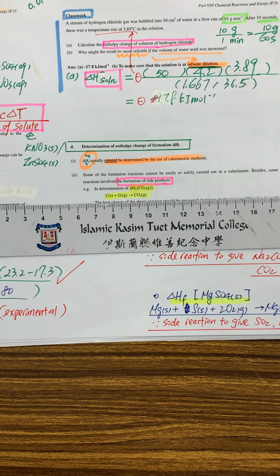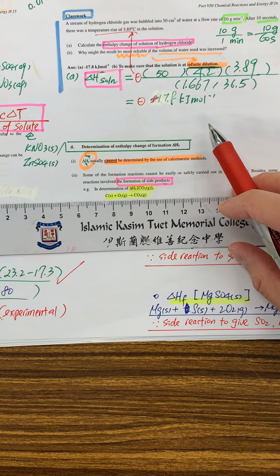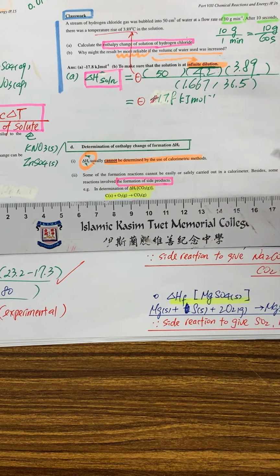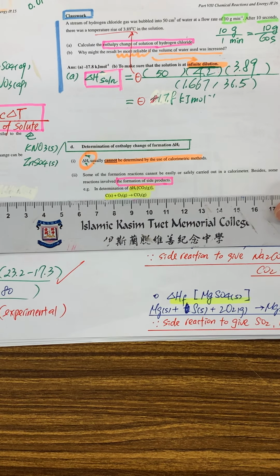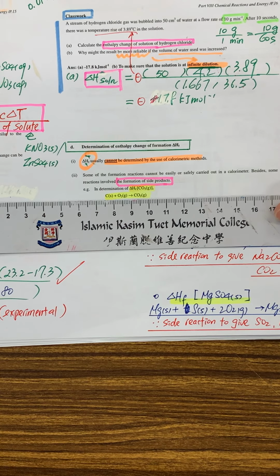Now maybe you will say that carbon reacts with oxygen at high temperature to give CO2. We can measure the heat given out when we burn carbon in the simple calorimeter, and so on. But there are some side reactions actually happening. We cannot control that carbon must react with oxygen to form CO2. It can form CO, right? It can form carbon soot, right?